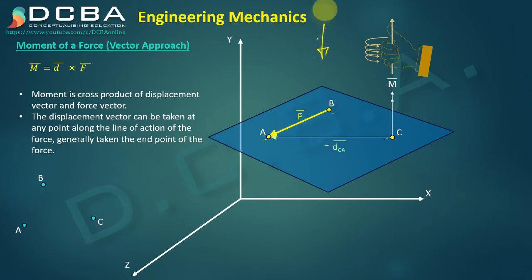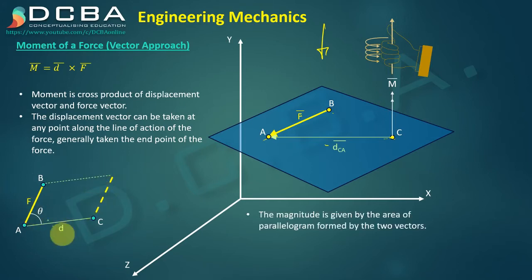So if I see them from the top, I will be seeing B, A and C like this. From B to A, my force is passing. From C to A, I have my displacement vector. I can form a parallelogram with these two consecutive vectors, having theta as the angle between them. So the area of this parallelogram is going to give you the magnitude of your moment vector.